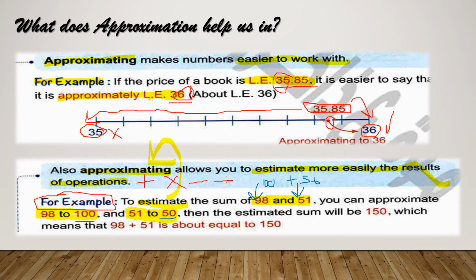Now instead of dealing with 98 and 51, which are kind of hard numbers, we are dealing with 100 and 50. When adding 50 and 100, we get 150. So we can say that 98 plus 51 is approximately 150.